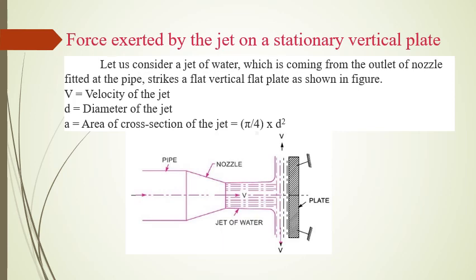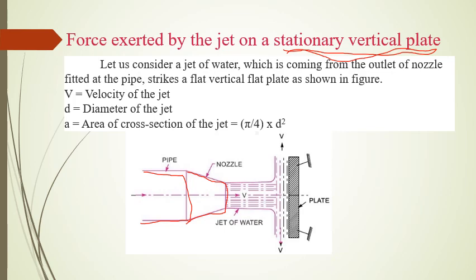Coming to case 1 and condition number 1: force exerted by the jet on a stationary vertical plate. Let us consider a jet of water coming from the outlet of the nozzle fitted to the pipe, which strikes a flat vertical plate as shown in the figure. Here, this is the pipe and this is the nozzle fitted to the pipe.